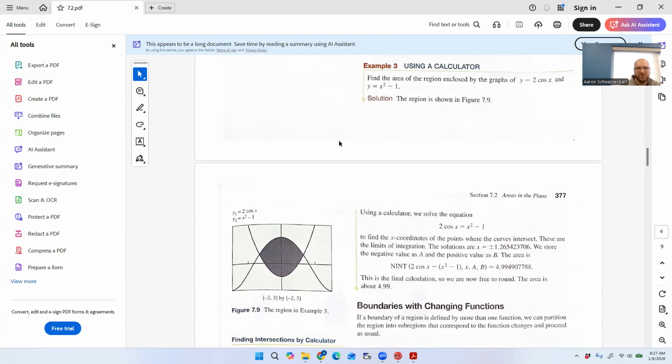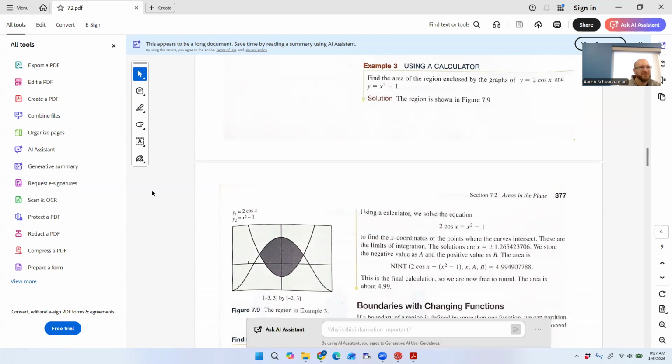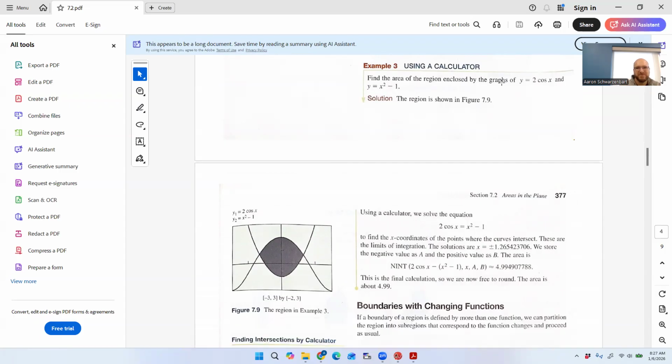Okay, the question is which one's on top? So here's my two, y equals x squared minus 1 and y equals 2 cosine x. Which one of those is my top curve?